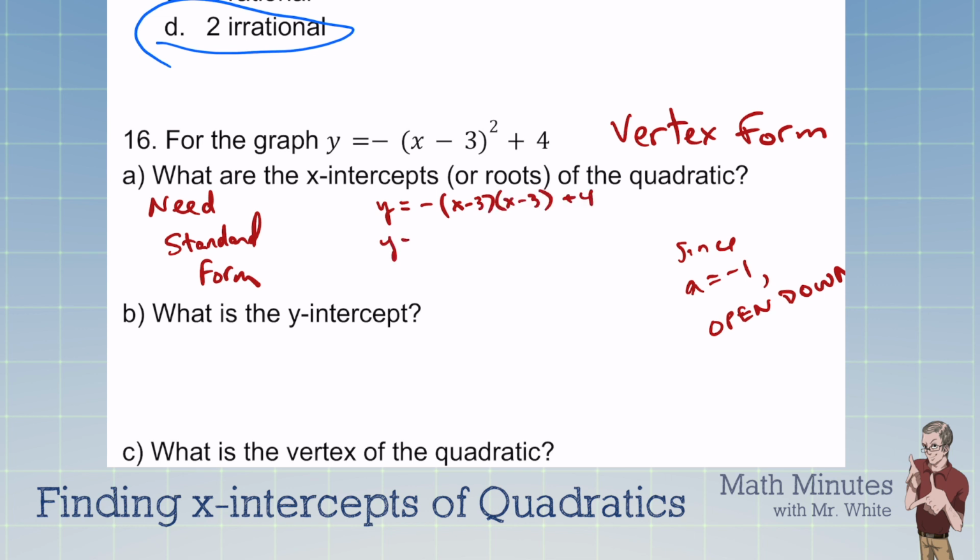So that's y equals negative, parenthesis, foil that out, you get x squared minus 6x plus 9, plus 4. You then distribute the minus sign, negative x squared plus 6x minus 9 plus 4. So you get y equals negative x squared plus 6x minus 5.